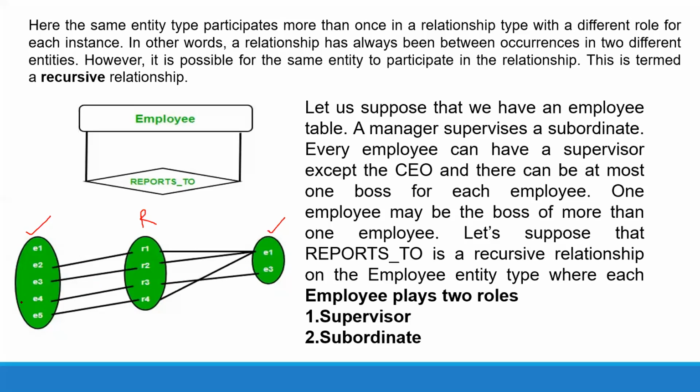All are employees, only the relation between employee and employee. So here we are giving the relation between those employees, and this process we can call a recursive relationship. Here: reports to employee, reports to employee.